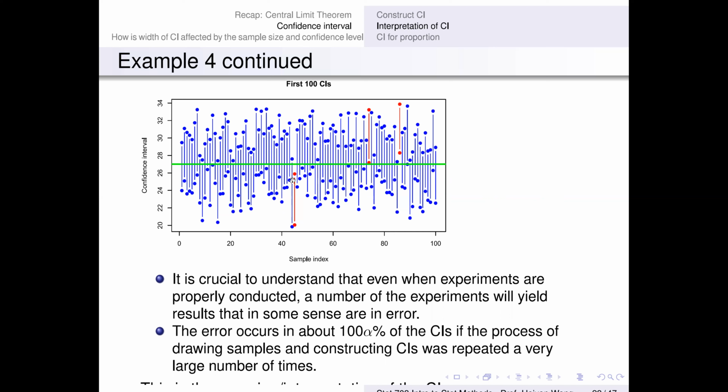This red one did not contain 27. 27 is this green line. So if any of these intervals did not cross the line at 27, then that interval did not cover the mean 27. You can imagine that if I draw all 1,000 of these, roughly about 5% of them would be the red ones that did not cross 27.